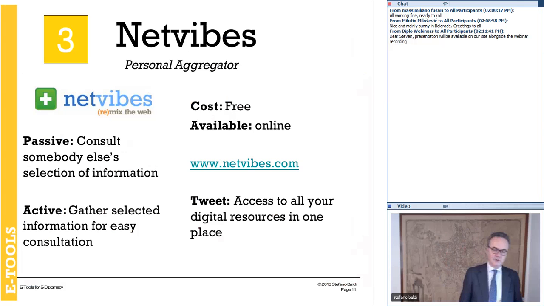Next one, Netvibes, is a bit more difficult, maybe a little more unknown. It's a personal aggregator. Aggregator means that you put together information in one place. What's the use of Netvibes? Of course, you can consult somebody else's selection of information. What is the active use?